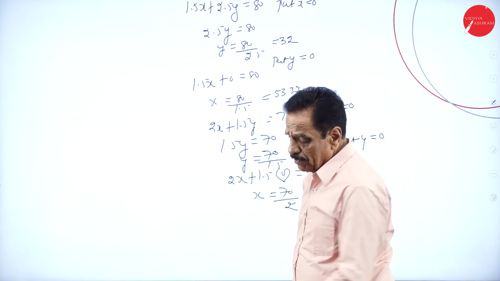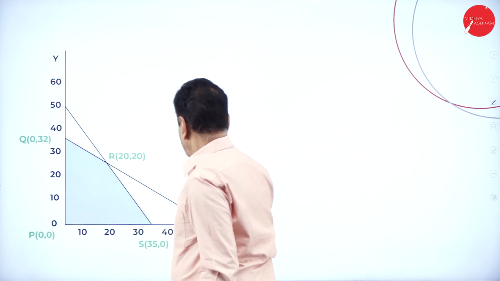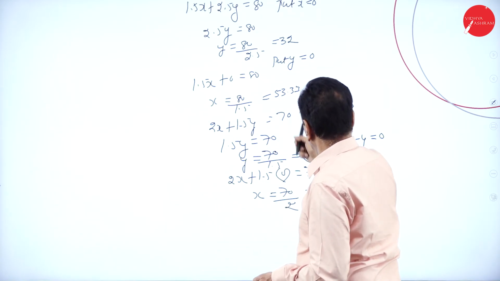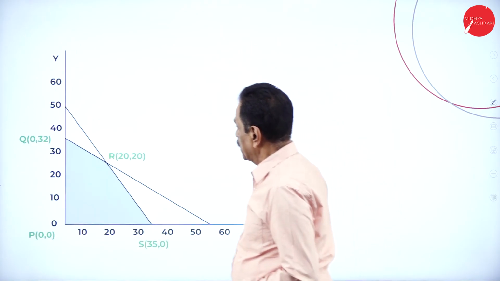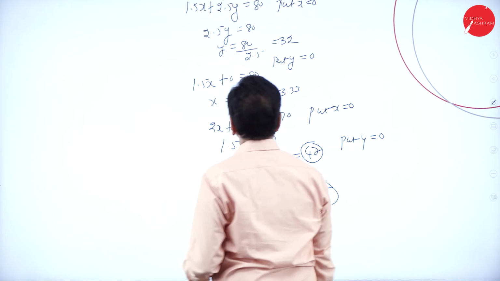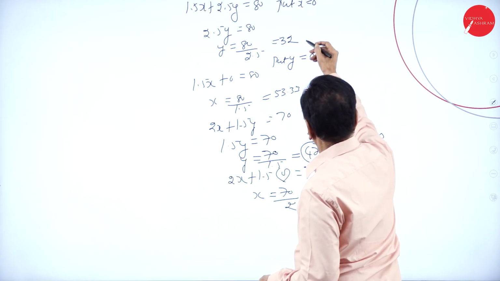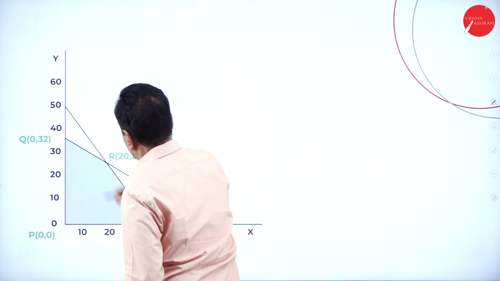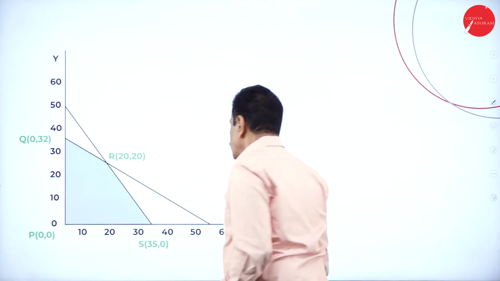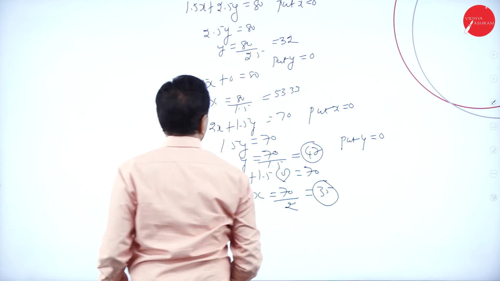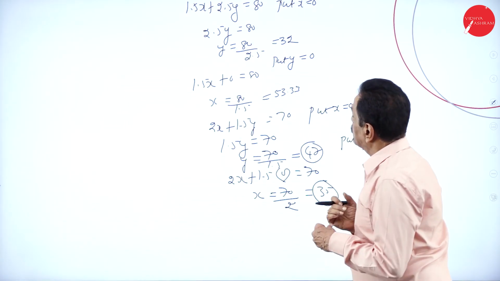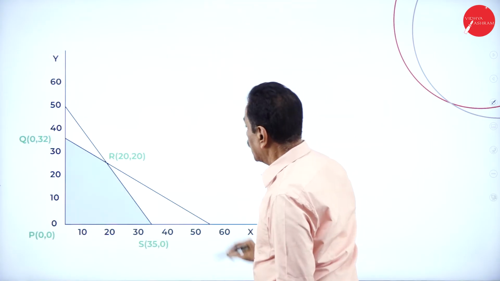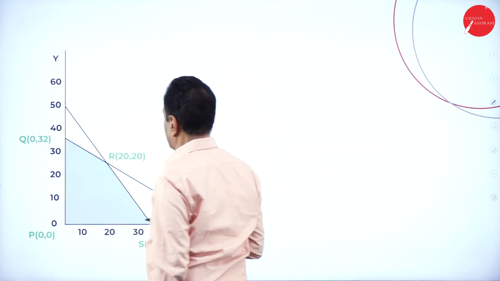We can show this in a graph now. For the first equation, 1.5x plus 2.5y is equal to 80, y is 32 and x is almost 53.33.